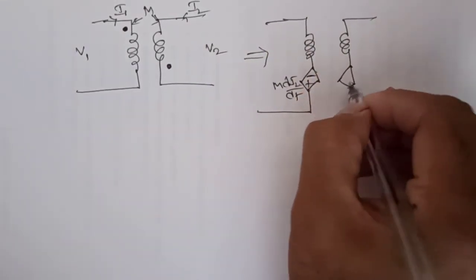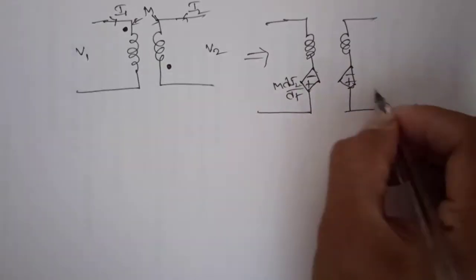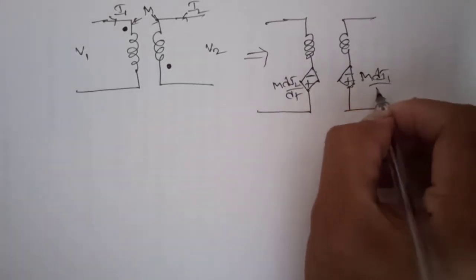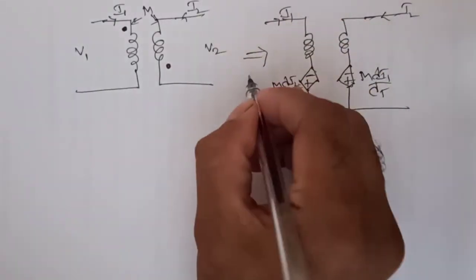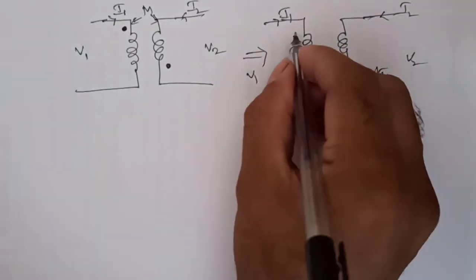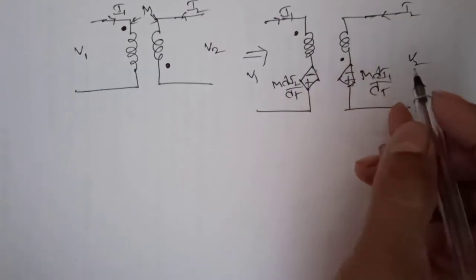Here also, the same sign, minus plus M into di1 by dt. The current here is I2, here the current is I1, the voltages are V1 and V2, if the dots are mentioned like this.